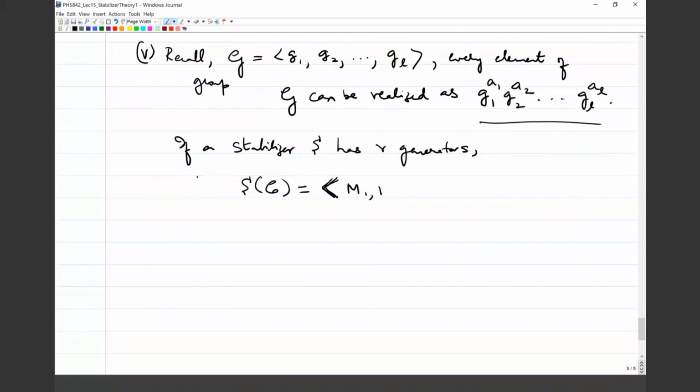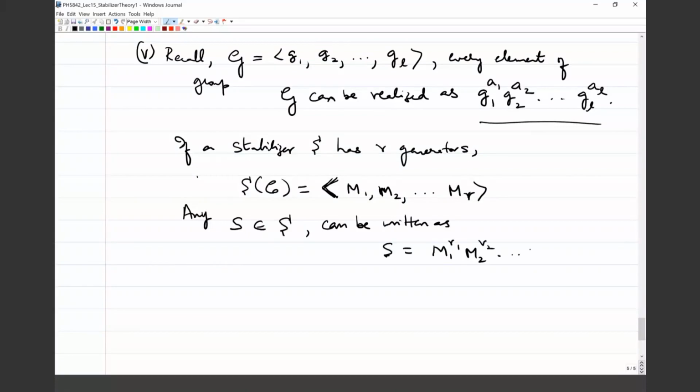That's standard group theory notation. So I have some R operators that generate this. Then any element S of the stabilizer can be written as M1 raised to A1, M2 raised to A2, etc., MR raised to AR.